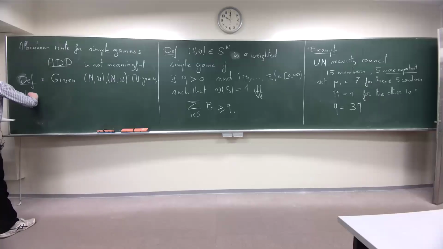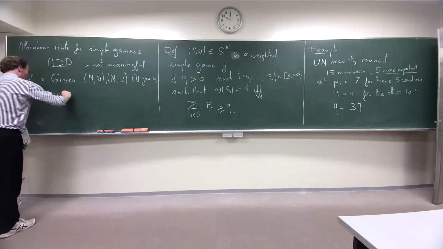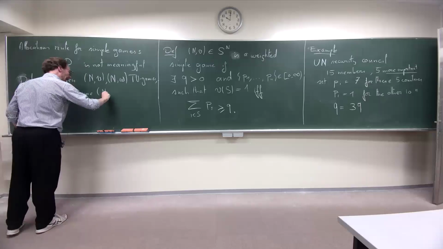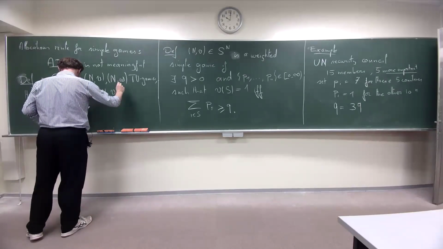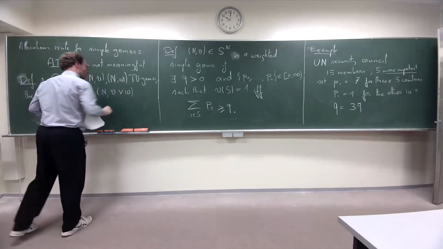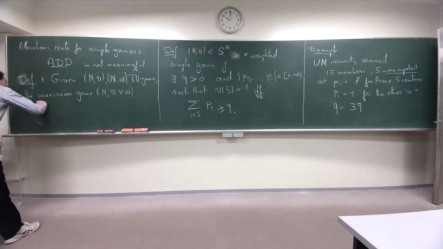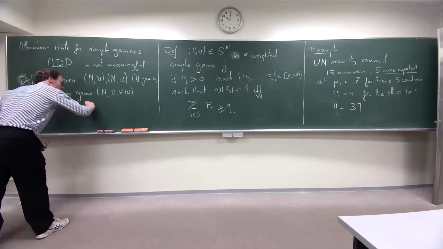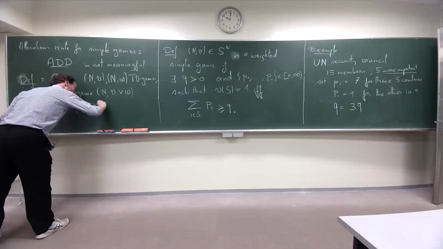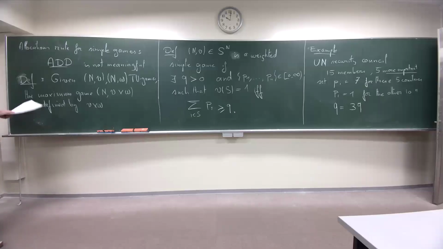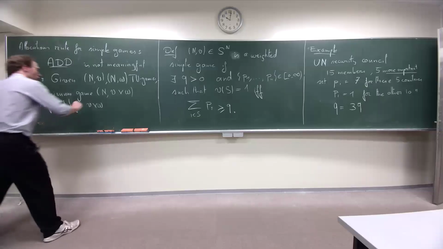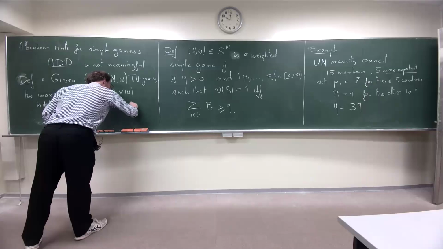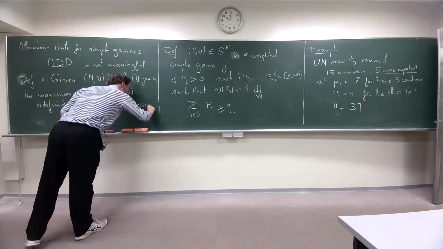The maximum game, these definitions are quite natural, is denoted by N, v∨w, it's a notation, and is defined by (v∨w)(S), as you can expect, equal to the maximum between v(S) and w(S).